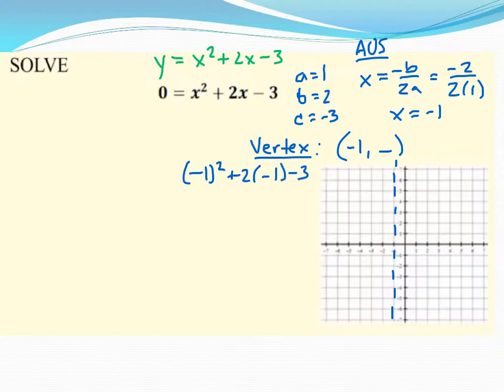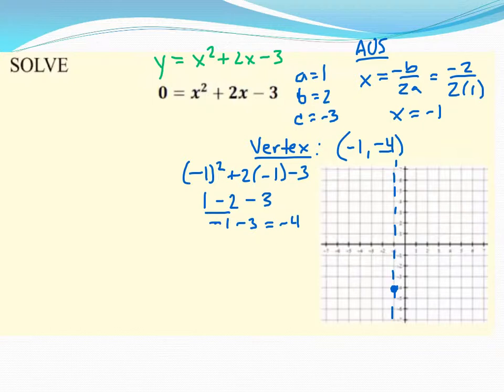Simplifying this gives me 1, and 2 times negative 1 would be negative 2, minus 3. Evaluating this, 1 minus 2 would be negative 1, minus 3 would give me negative 4. So I know that my vertex is going to be at negative 1, negative 4. So that's all the way down there. That's very good. Okay, that's review from the last section we did.